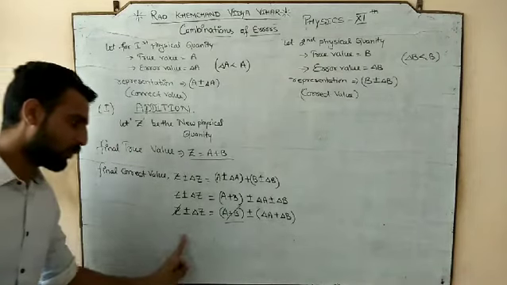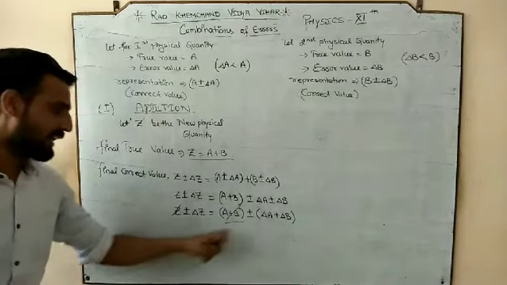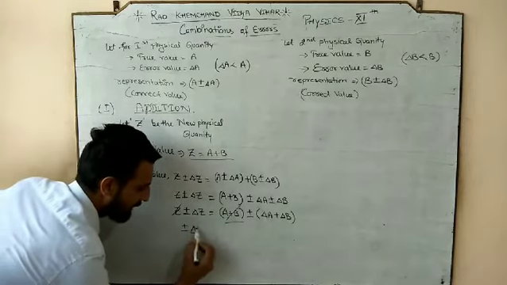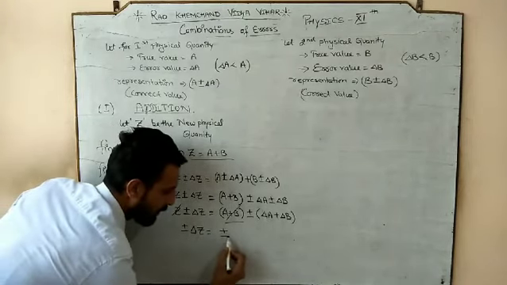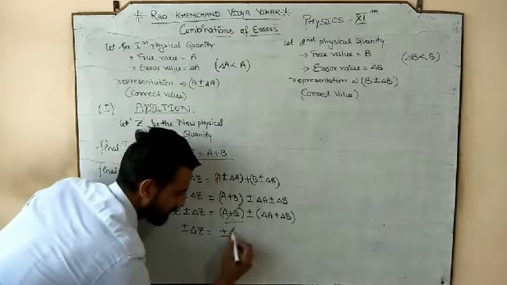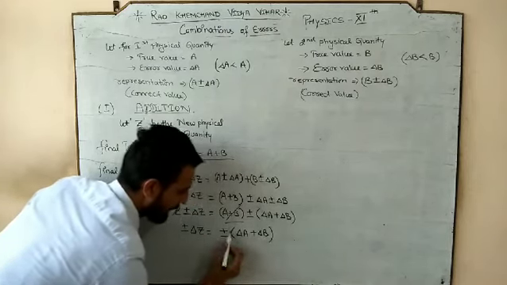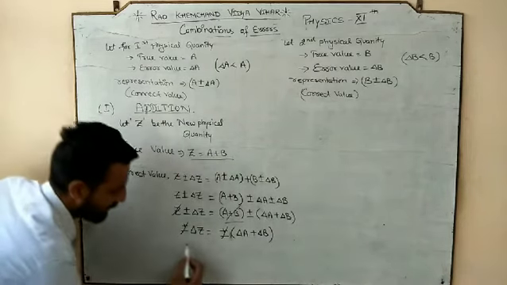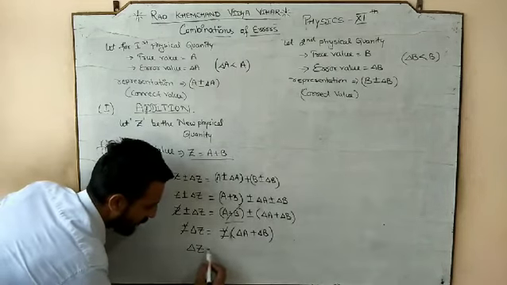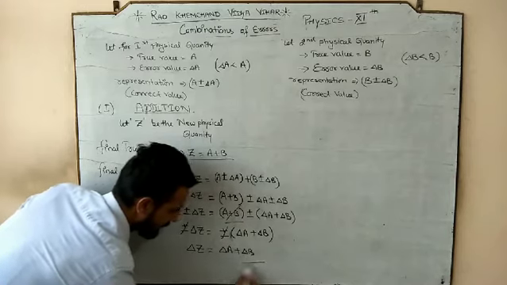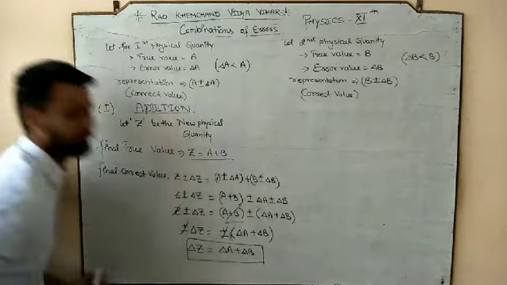When this Z goes to this side, it would be negative and they will eliminate. So what is left? Plus minus delta Z is equal to plus minus delta A plus delta B. The plus minus symbol cancels with the plus minus, and what you got? Delta Z is equal to delta A plus delta B.